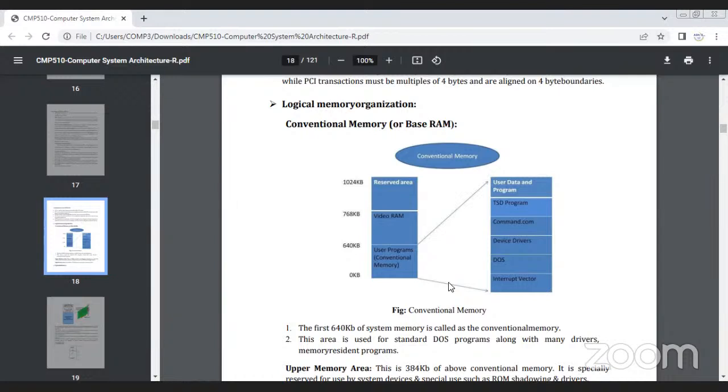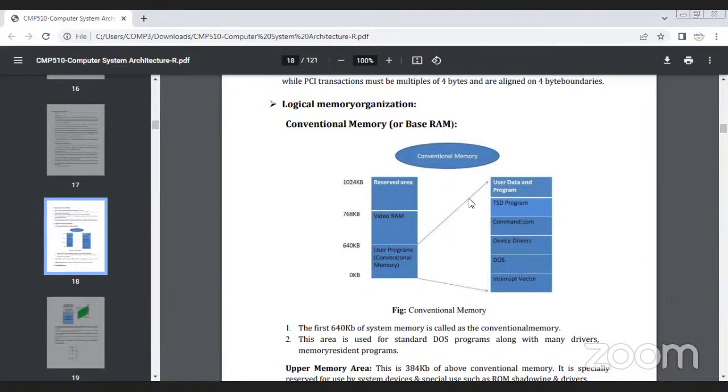Look here, 0 KB to 640 KB is known as conventional memory, which is also used to store user programs. And 640 KB to 768 KB of memory is used as video RAM, and the upper part of memory is known as the reserved area.